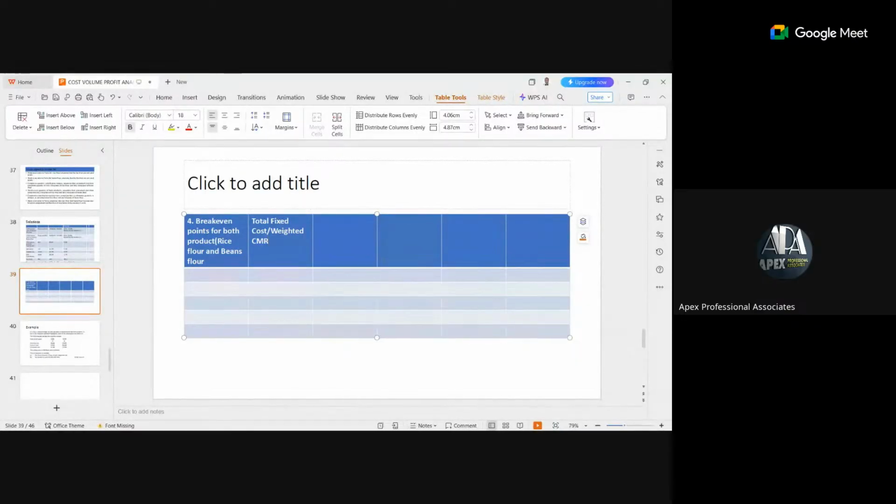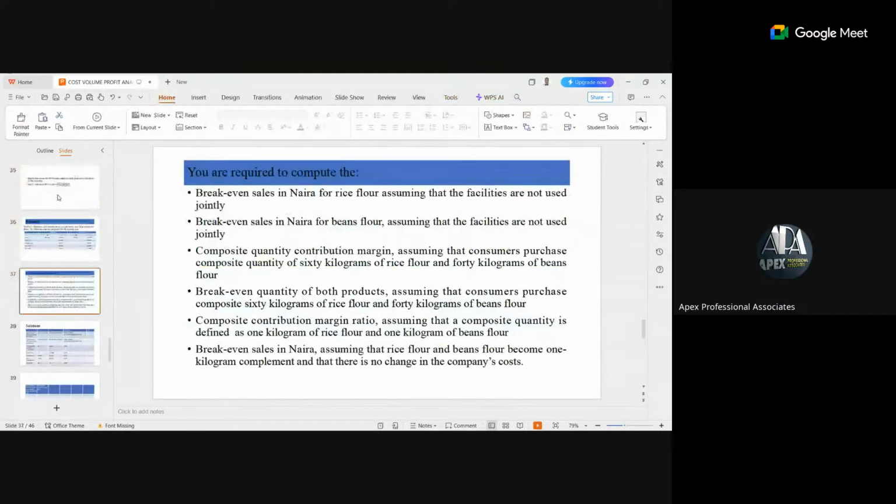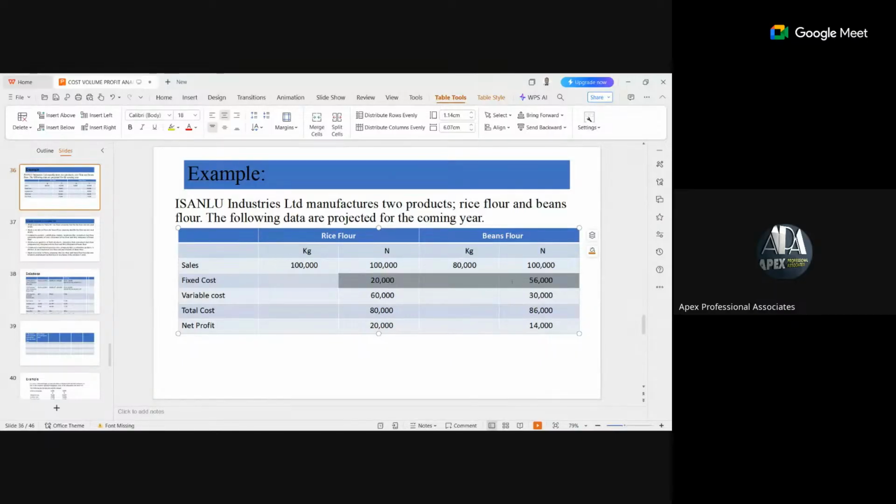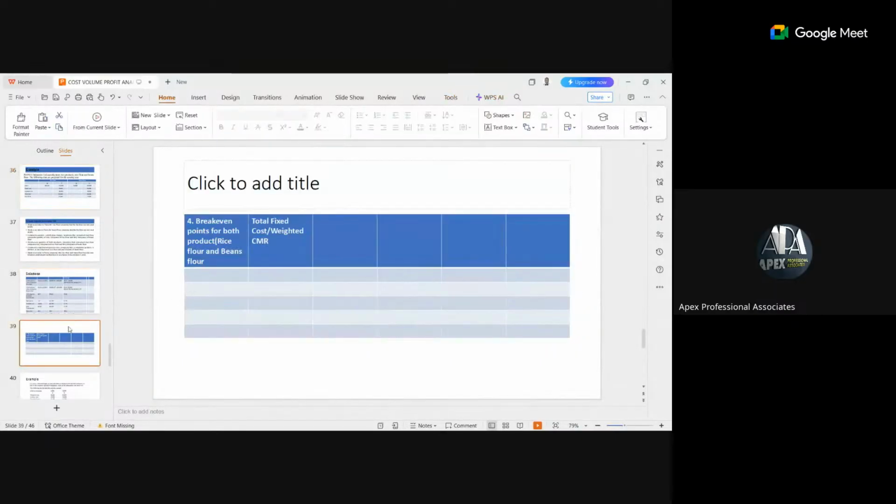So now, what will the total fixed cost be? Let's go to the question. Fixed cost for rice is 20,000. For beans it is 56,000. The addition of these two gives you the total fixed cost.